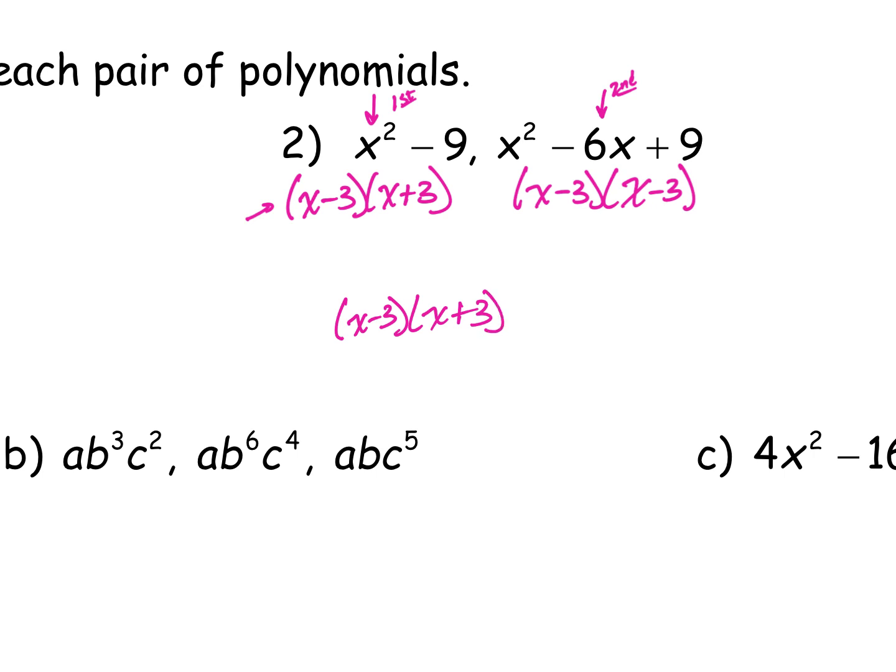Then what I'm going to say to myself is, what is in here in my second one that I need in my common denominator? What does this one have? What does this second one have that my common denominator does not have? So what does this one have that this one does not have?